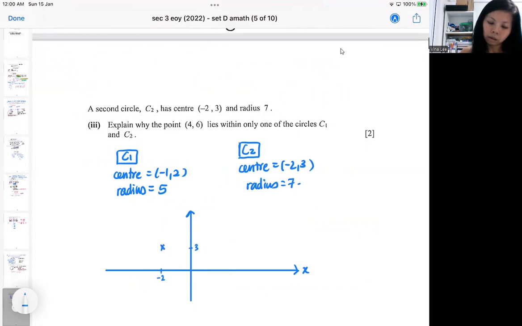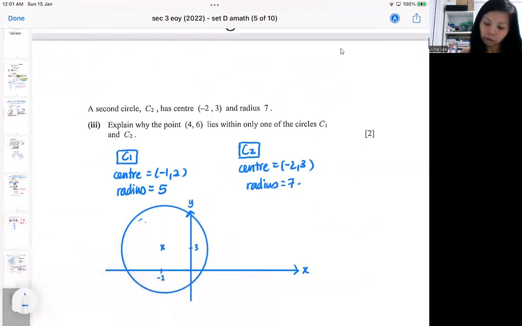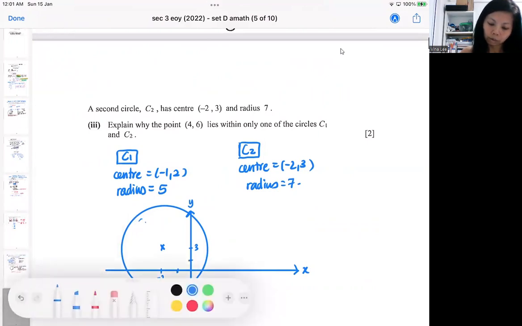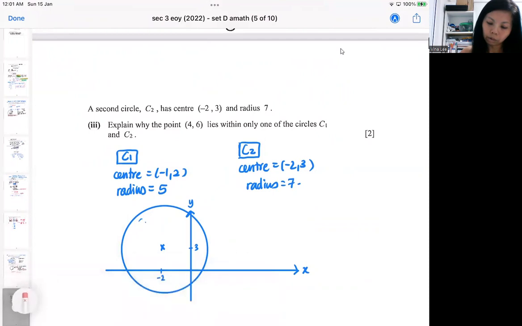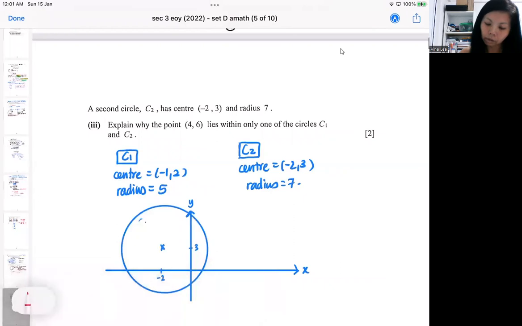The second circle is a little bit bigger. I'm not very good at drawing. The first one is smaller, so it's actually a smaller circle.